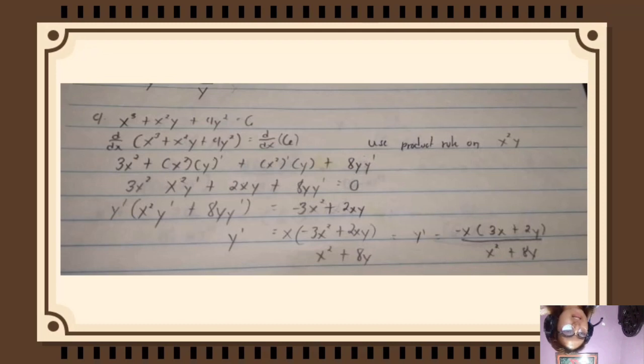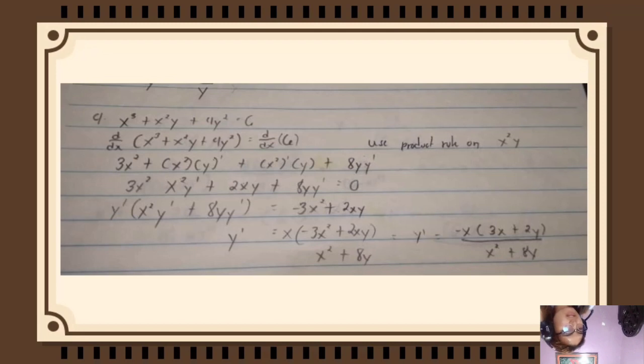So, y prime is equal to negative 3x squared negative 2xy all over x squared plus 8y.